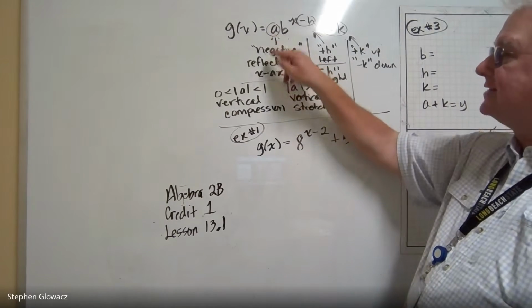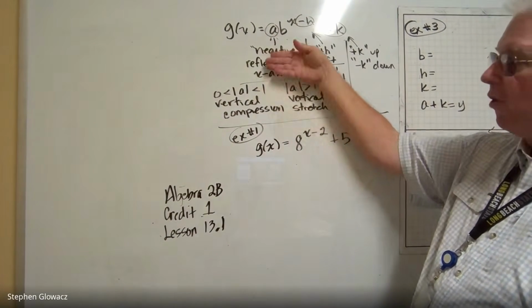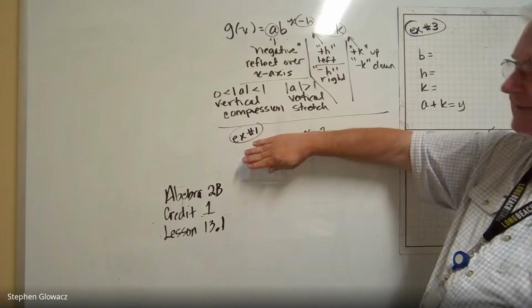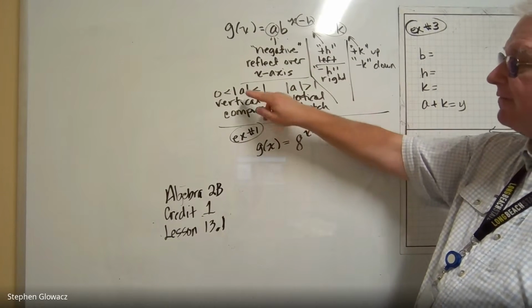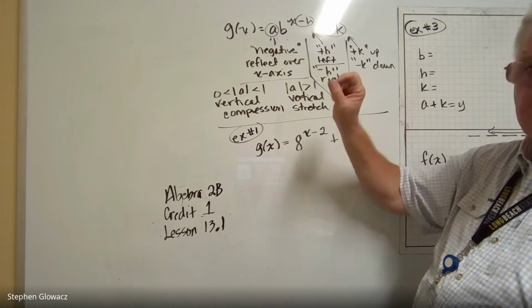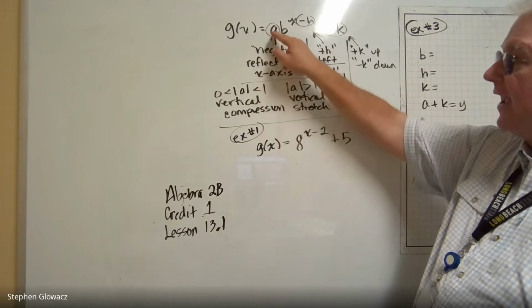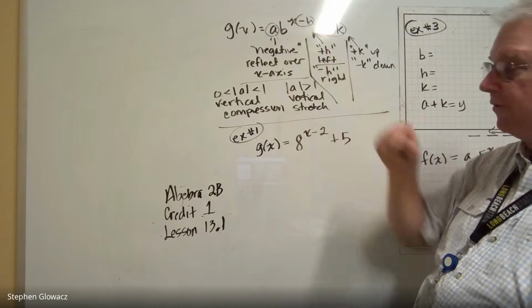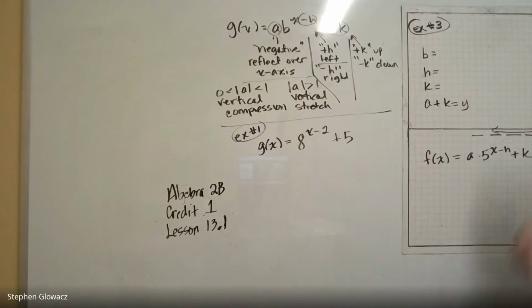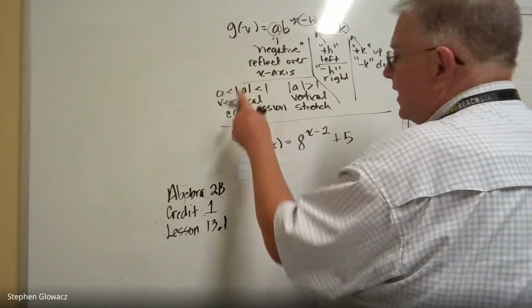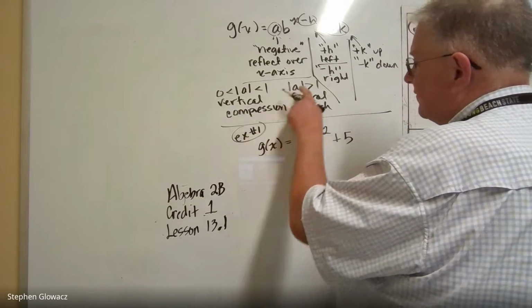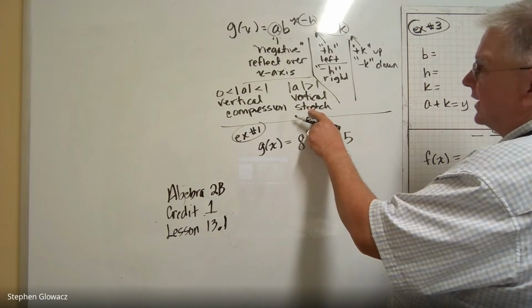Remember that if A is negative, that's going to reflect the graph vertically over the x-axis. If the absolute value of A, meaning just the numerical part of A, not whether it's positive or negative, is between 0 and 1, that's going to be a vertical compression. If it's greater than 1, it's a vertical stretch.